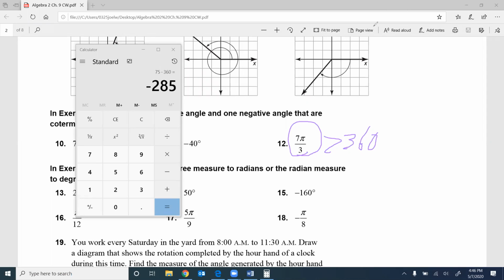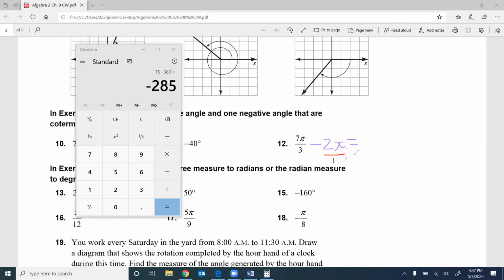Okay. So how do we do that? Well, instead of subtracting 360, I'm going to subtract 2 pi. Okay. Well, let's think about this. I have a fraction and then a whole number. I really want to be able to subtract fractions. I need them both to be a fraction. So I need to say, well, this is going to be over 1, and then I'm going to multiply top and bottom of this fraction by this denominator.